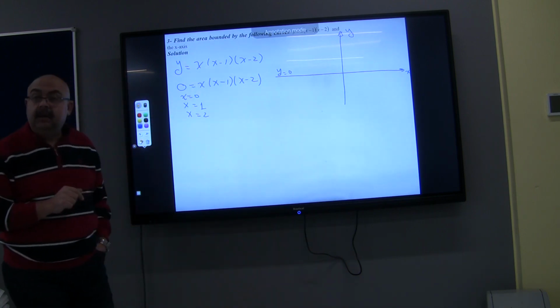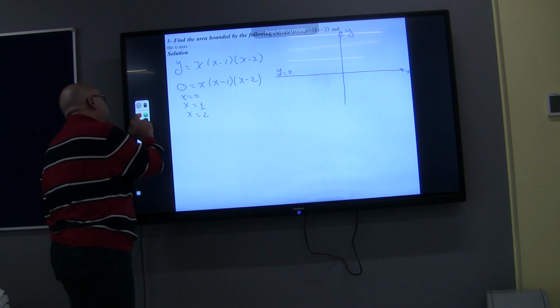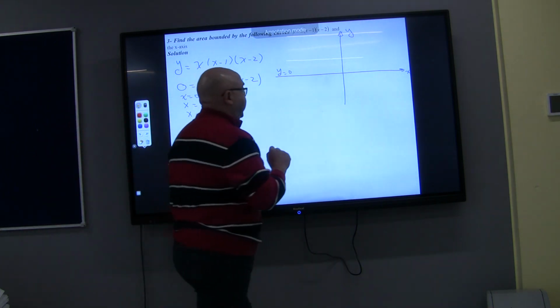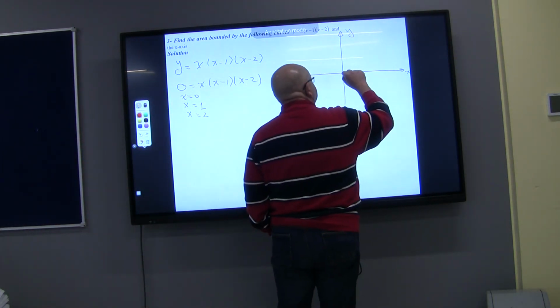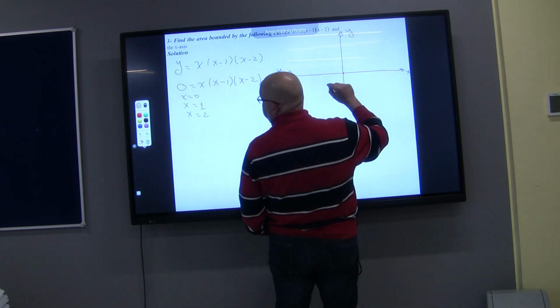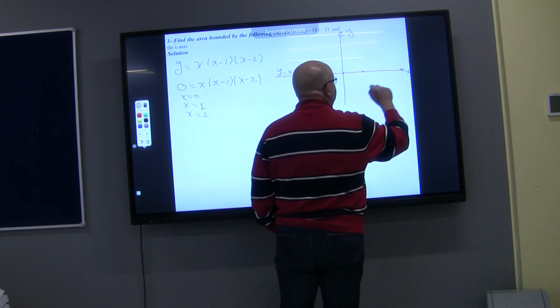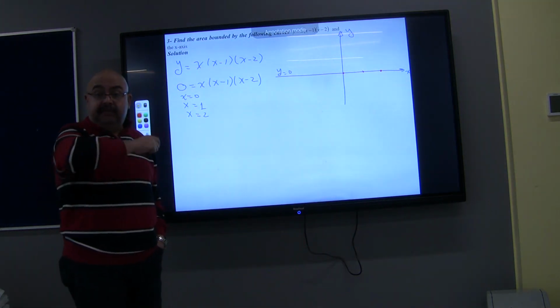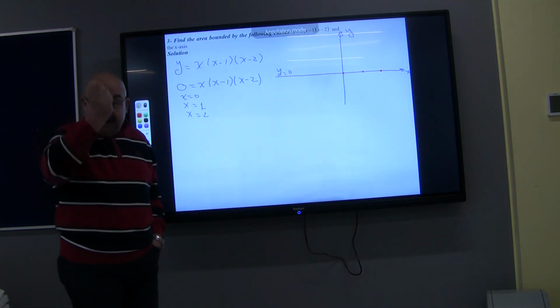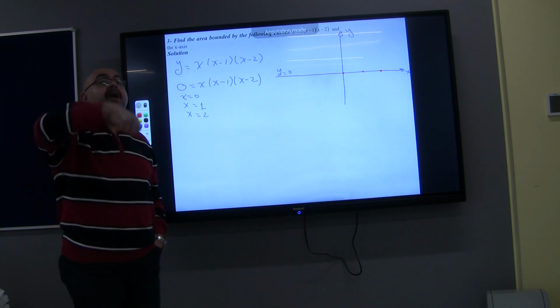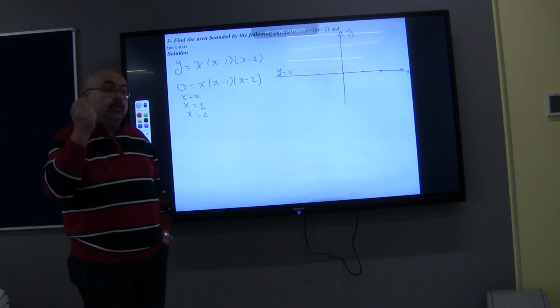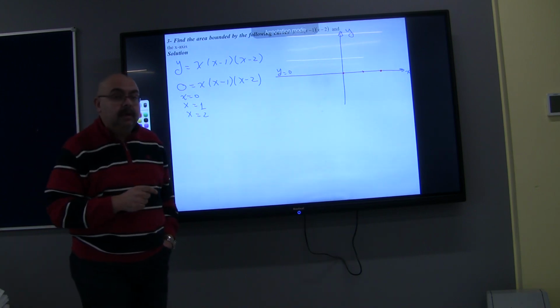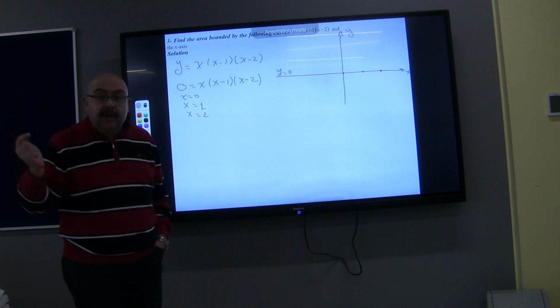Does anyone see problems? So the curve will cut the x axis and intersect at 0, then at positive 1, then at positive 2. The curve is continuous, which means you can graph it without lifting your pen from the drawing board.